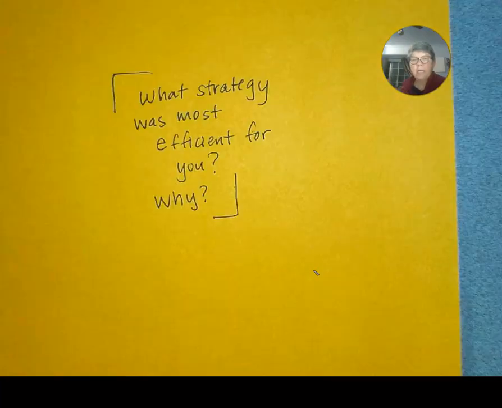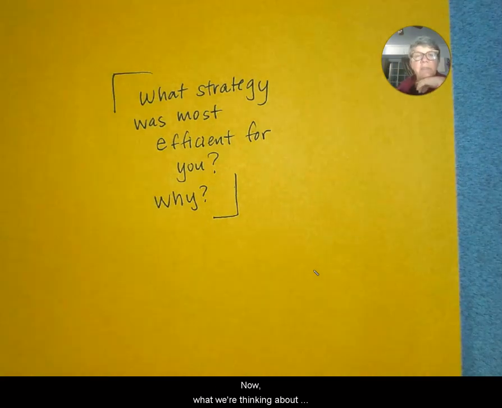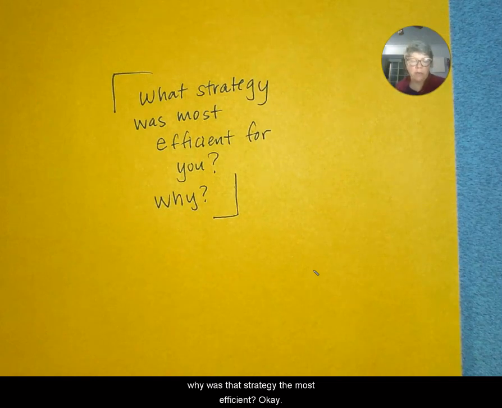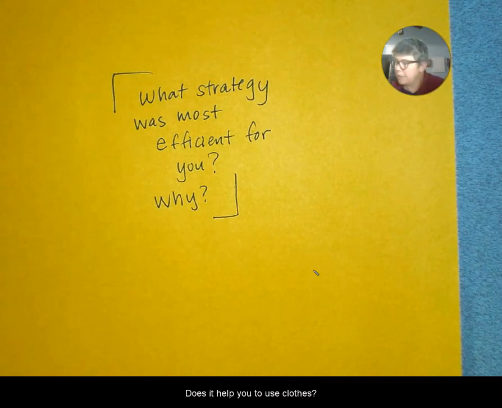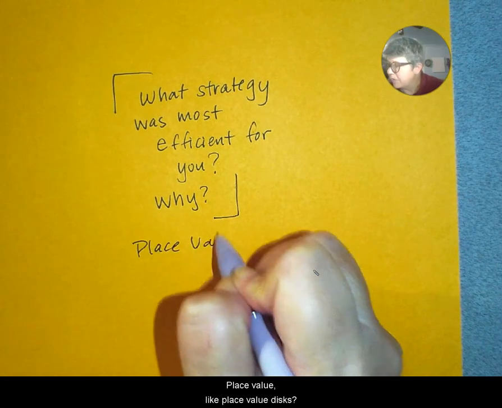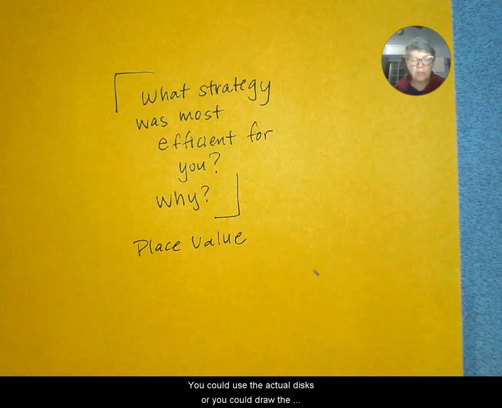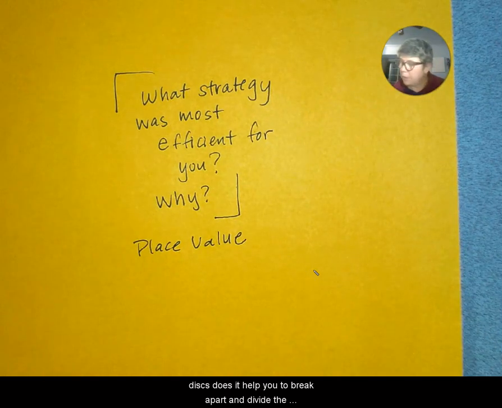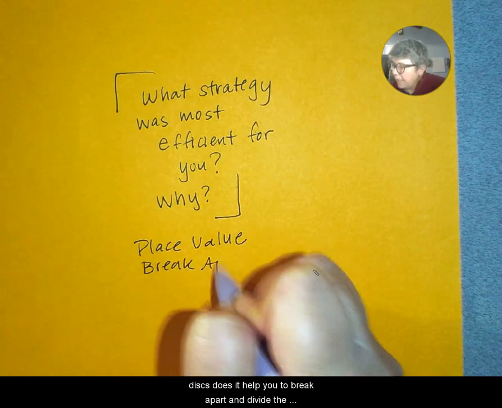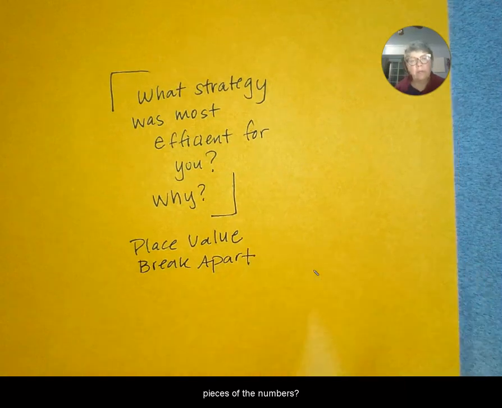Okay, very good. Now what we're thinking about today is what strategy was the most efficient for you? And why was that strategy the most efficient? Does it help you to use place value? Like place value discs, you could use the actual discs or you could draw the discs. Does it help you to break apart and divide the pieces of the numbers?